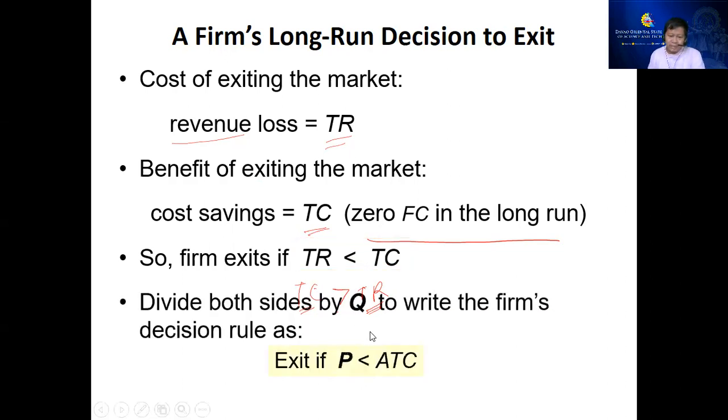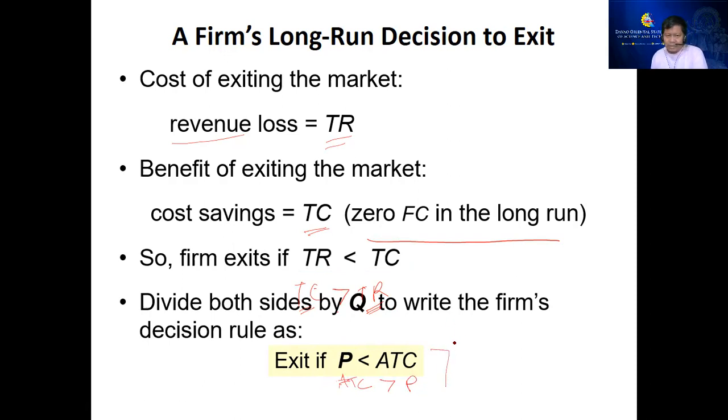Okay? So yes, of course. Now, the same situation kanina. So exit ka kung ang price is less than the average total cost. Okay, exit ka, no? Or if the average total cost is greater than the price, so this is the shutdown din, no?